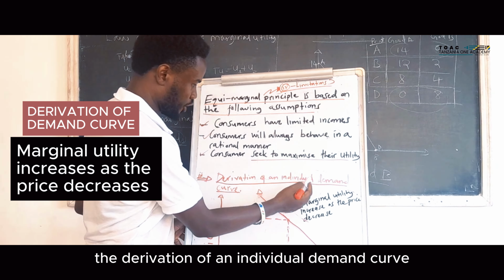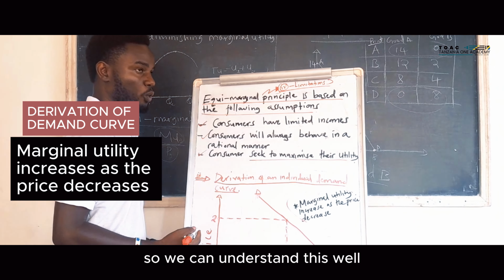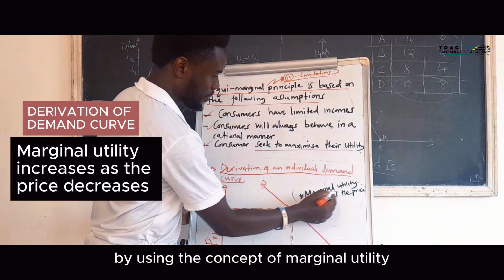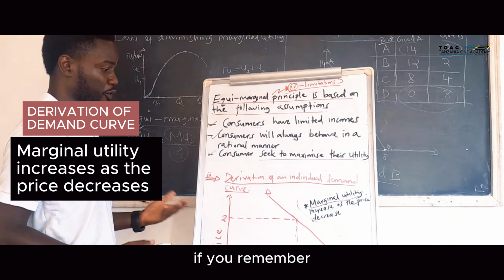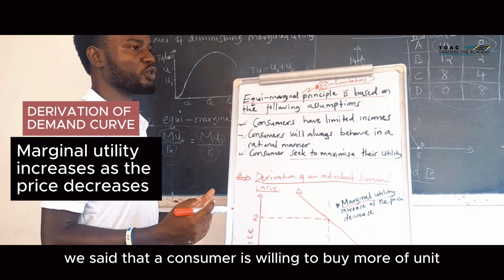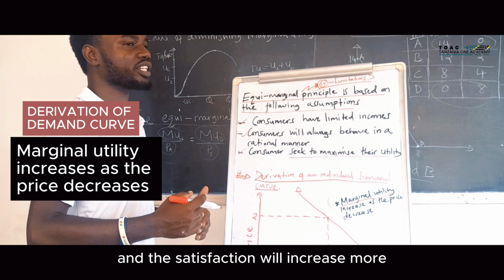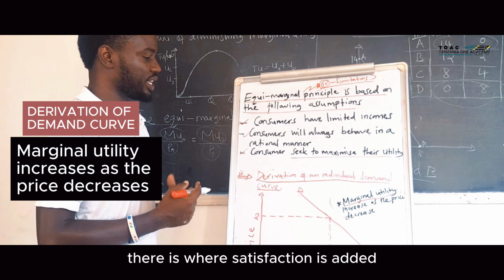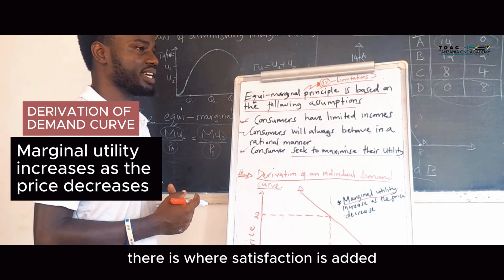Derivation of an individual demand curve. We can understand this well by using the concept of marginal utility. If you remember, we said that a consumer is willing to buy more units and the satisfaction will increase if the price of that commodity decreases. That is where the satisfaction is added.